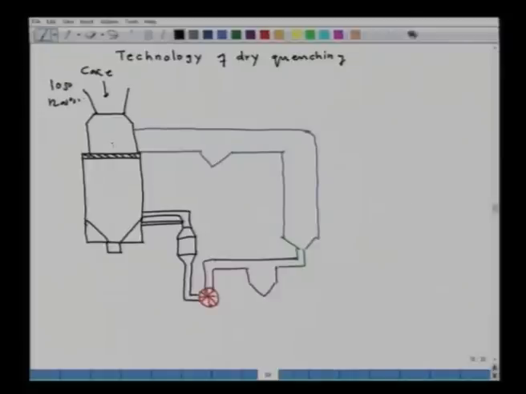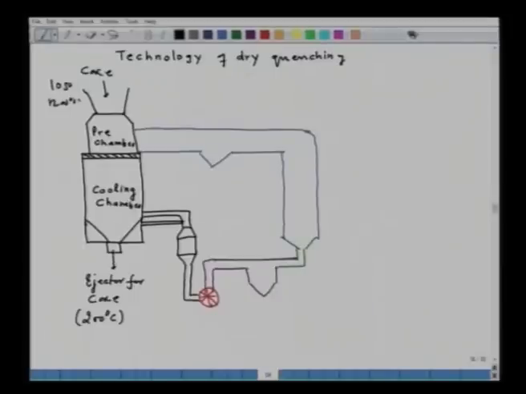Then this is the pre-chamber, this is the cooling chamber, and this is the ejector for coke. If it enters at around 1050 or 1200, it exits at around 200 degrees Celsius. You can think of the sensible heat which you will recover per ton of coke cooling from 1050 to 200, that is the heat which is given and taken by the gas.